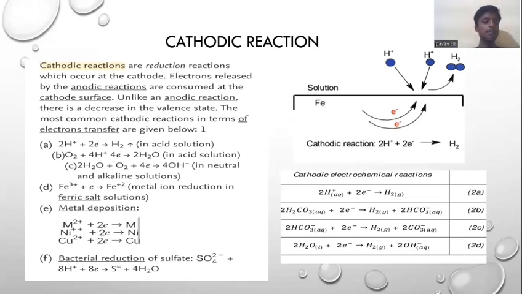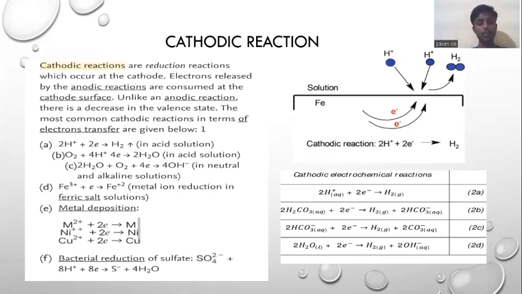Then Fe3+ plus an electron gives Fe2+, metal ion reduction in ferric salt solutions. Next, metal deposition: M2+ plus 2 electrons gives M, Ni2+ plus 2 electrons gives Ni, then Cu2+ plus 2 electrons gives copper.